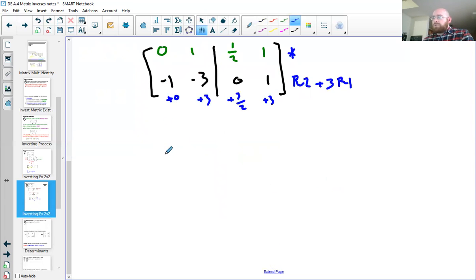So -1 plus 0 is still -1. -3 plus 3 is 0. 0 plus 3 halves is 3 halves. And 1 plus 3 is 4. And now I can come back and fill in the entries from row 1.